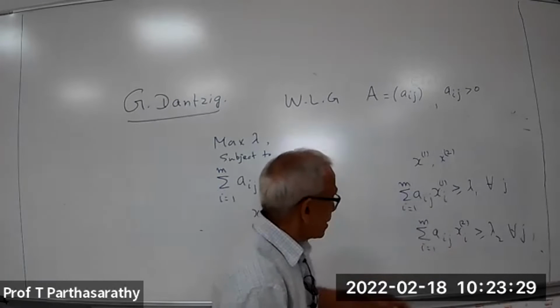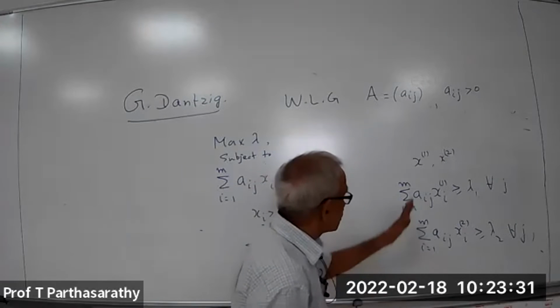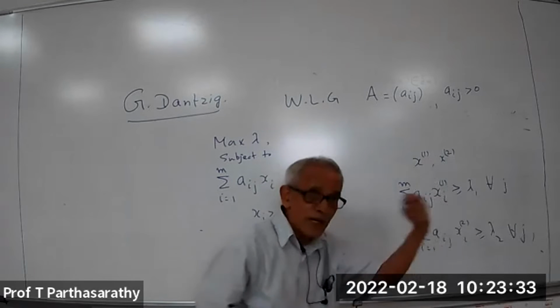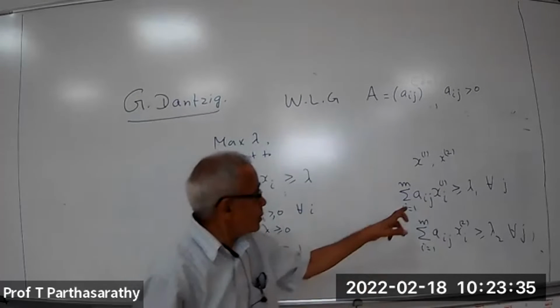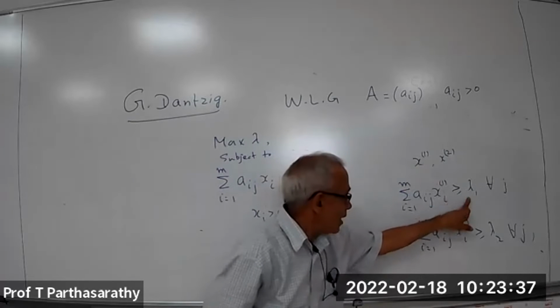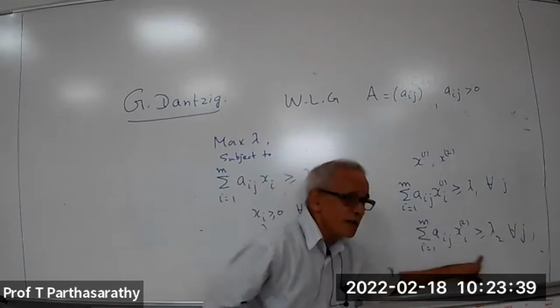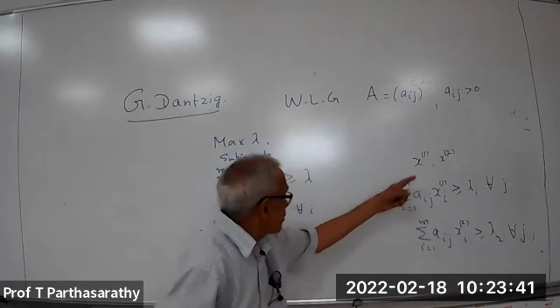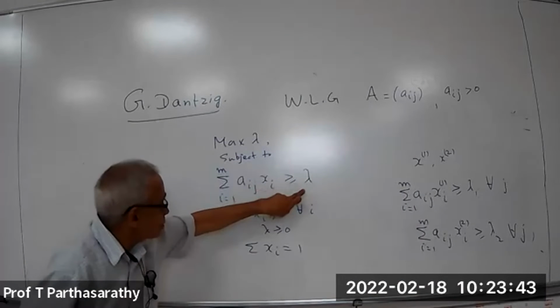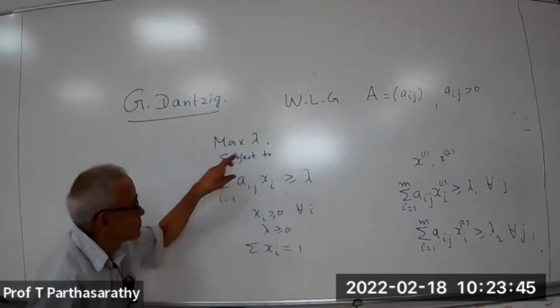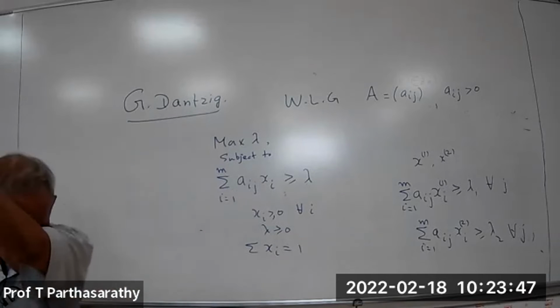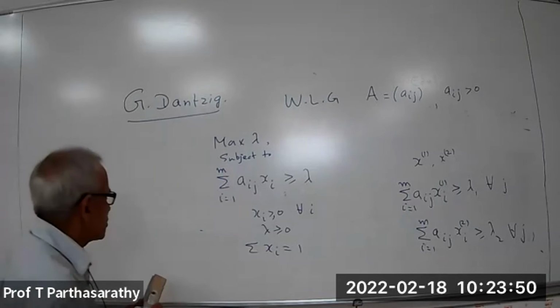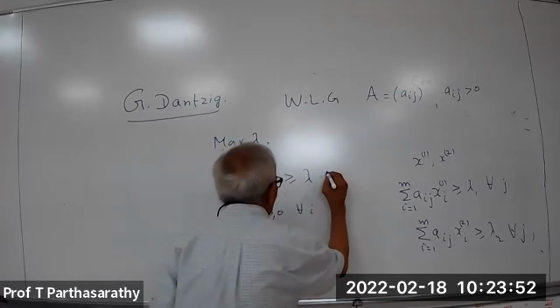If lambda 1 equals lambda 2, it doesn't matter which one you choose. But suppose lambda 1 is bigger than lambda 2, I will prefer this. If lambda 1 is bigger, then I won't bother about the other. In other words, that's what I am doing here. I want to maximize this lambda subject to this inequality being satisfied for all j.